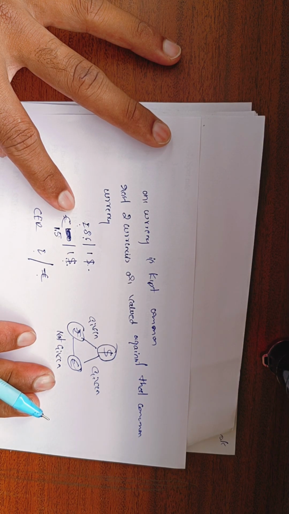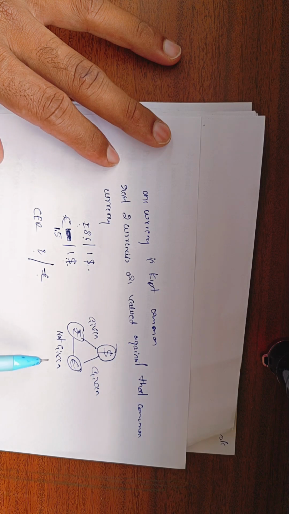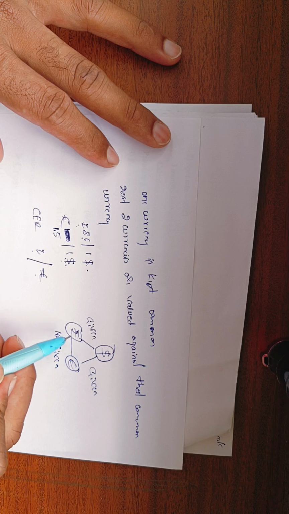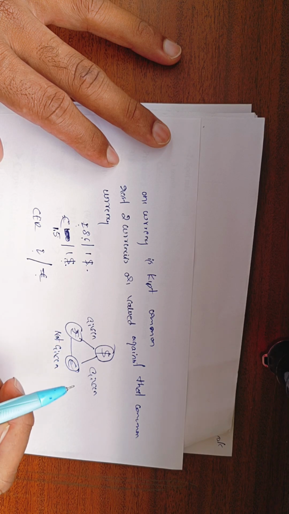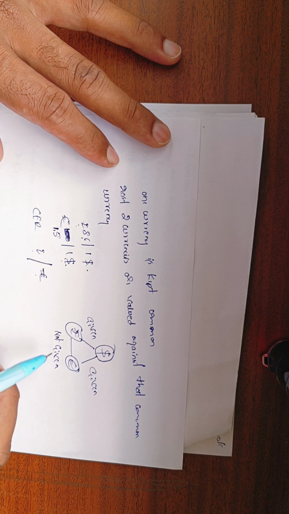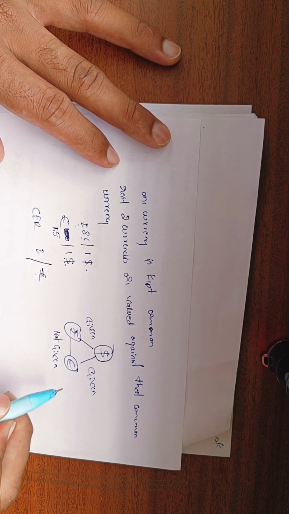So the cross exchange rate is nothing but one currency is kept common and the rest two currencies are valued against the third currency. So this is the method of calculating cross exchange rate. One common currency will be there, the rest two currencies will be there, the exchange rates will be given, and we need to calculate the exchange rate for the other two countries. And this is called the chain rule.